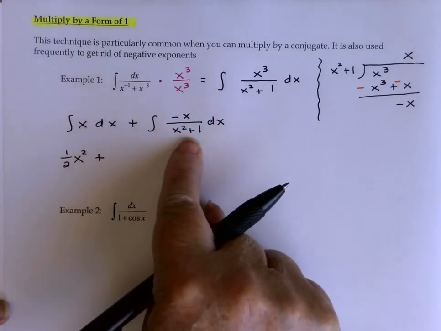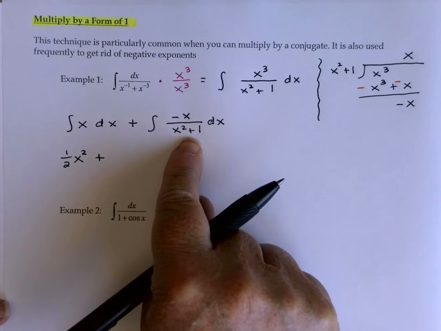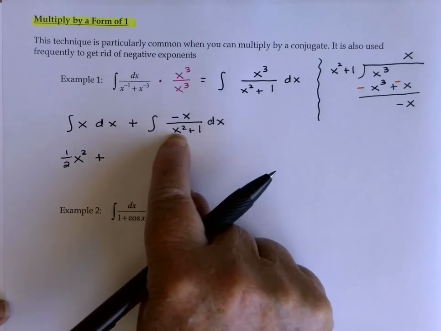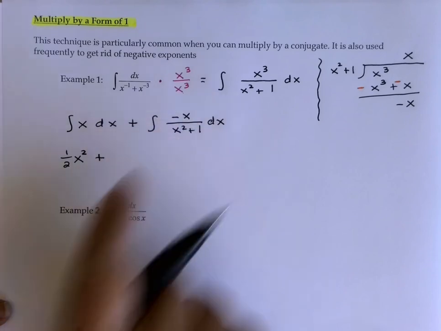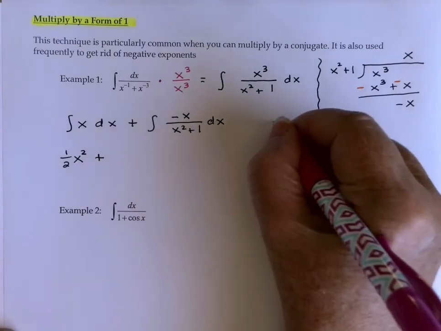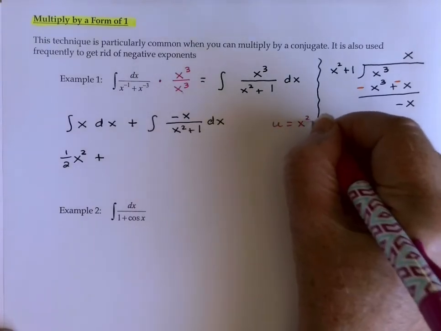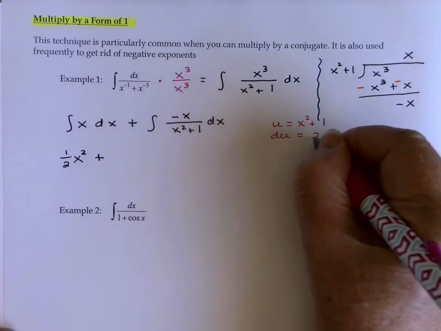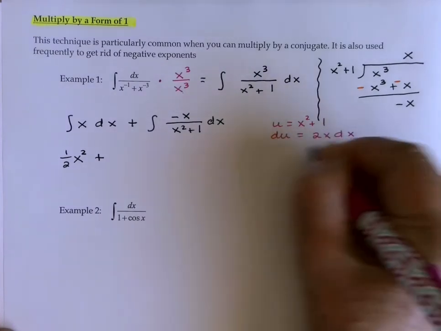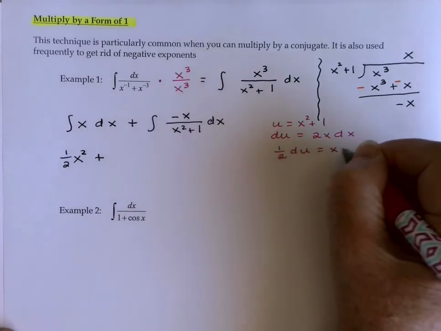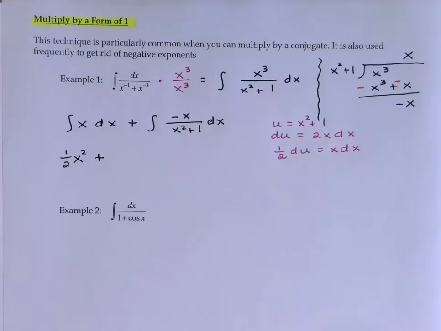And then here, I'm thinking we can use a u substitution. If u is the denominator this time, the derivative is 2x, and I've got the x right there. So let's do a quick little u substitution here. I'm going to let u be that denominator, x squared plus 1. du is 2x dx. So 1/2 du is x dx.